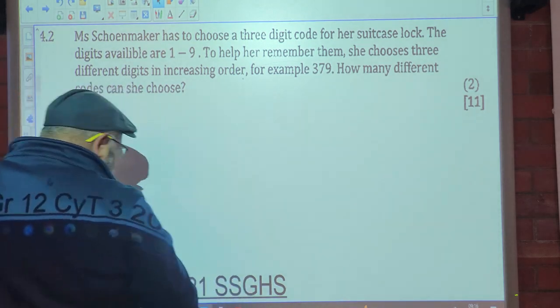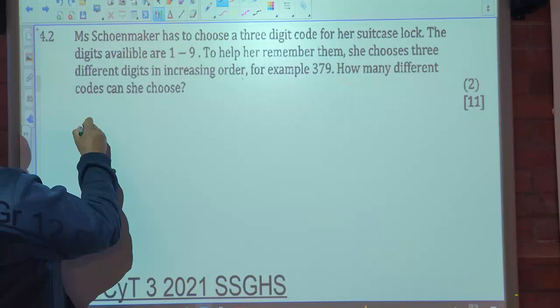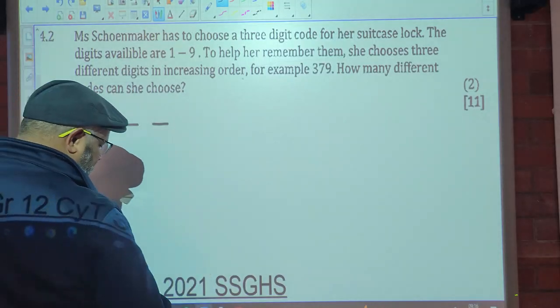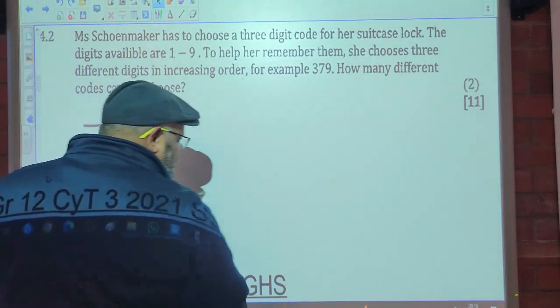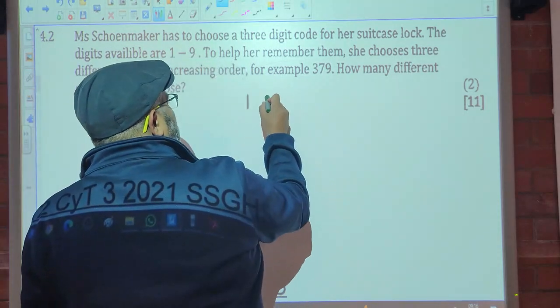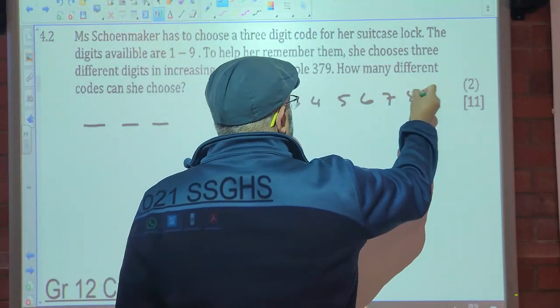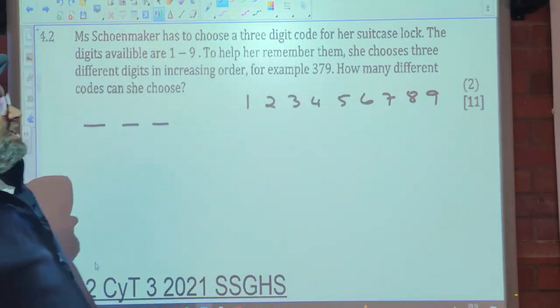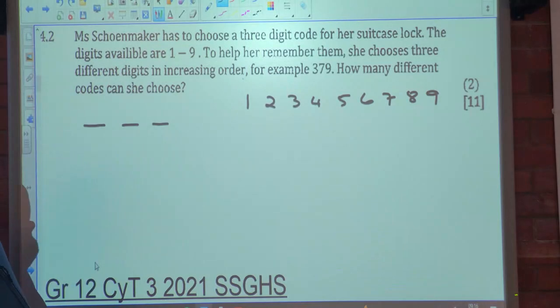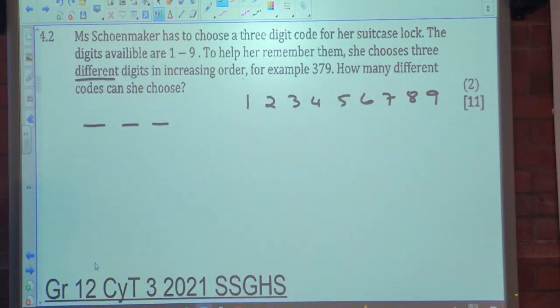So how many boxes would I draw here? Of course, 3. The digits she can choose from are 1, 2, 3, 4, 5, 6, 7, 8, 9. And remember the numbers are not repeated, because it's going to use different digits.